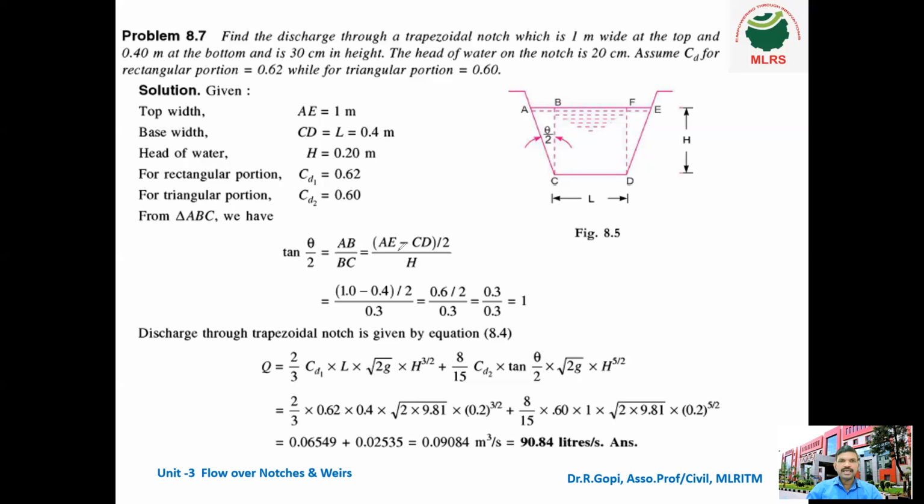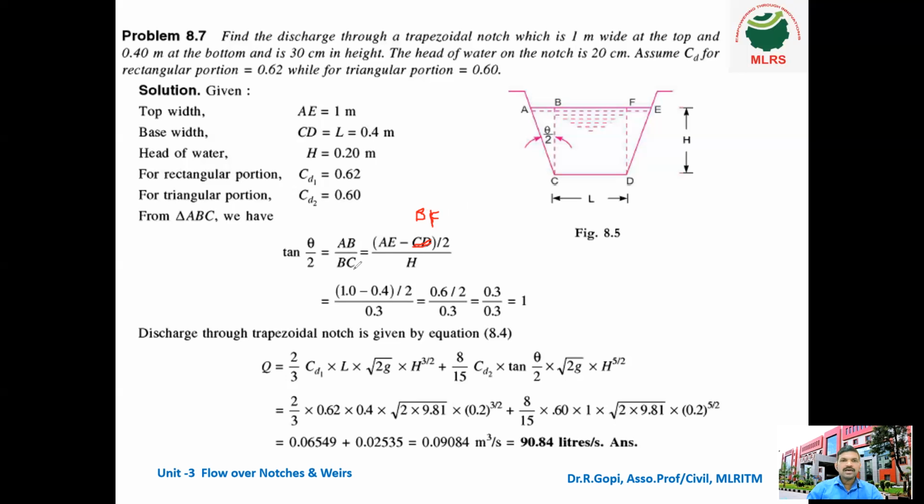BF and CD are both the same length, so you can write either. I am considering BF. So AE minus BF divided by 2.